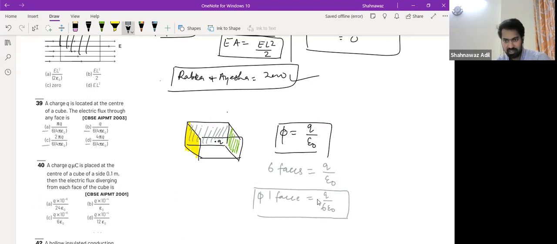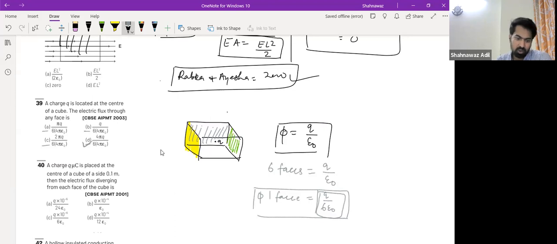D. Yes, because 4 pi cancel and we have Q by 6 epsilon. So this is the correct one. Understood, Rabia? Yes, sir.